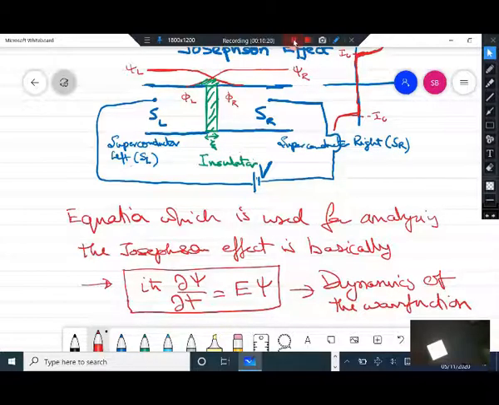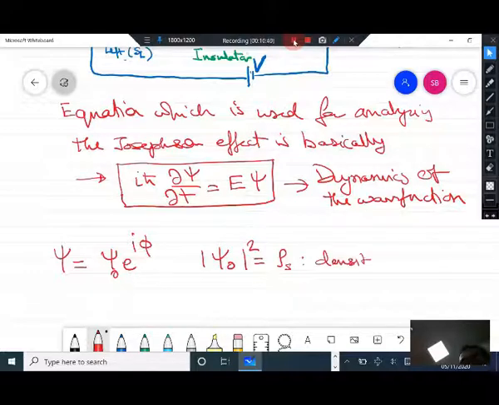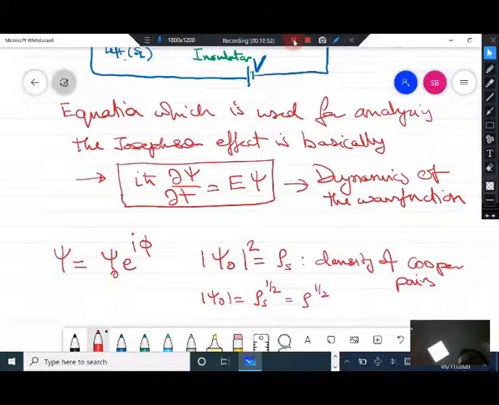Now let us recall this is going to be psi naught e raised to i phi, where remember that psi naught squared is nothing else but the density of Cooper pairs, and as a result mod of psi naught will be nothing else but rho s raised to half, or I will drop the subscript s because it really represents the superconducting fraction inside the system.